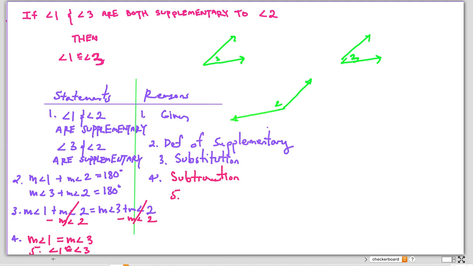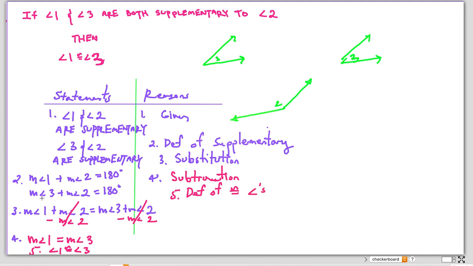If the angles are congruent, then their measures are equal. Here I have that the measures of these two angles are equal. Therefore, the two angles are congruent. And this is the definition of congruent angles, what I keep repeating. And now you're done.